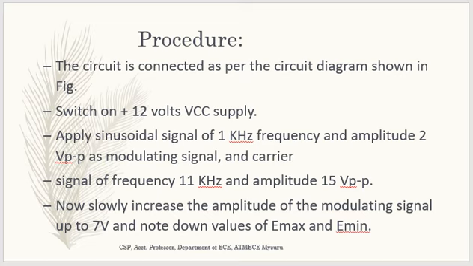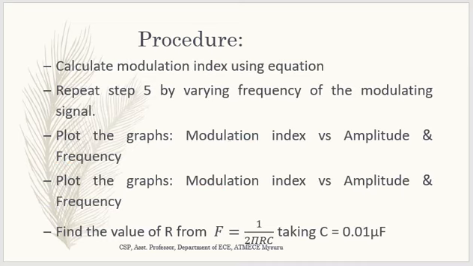Now slowly increase the amplitude of the modulating signal, m of t, up to 7 volts, and note down the maximum modulation value and the minimum modulation value. Next, calculate the modulation index using the equation, and repeat the step by varying the frequency of the modulating signal.